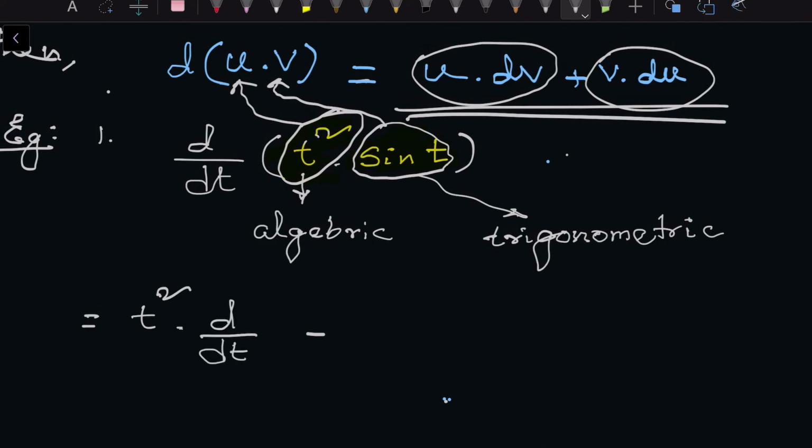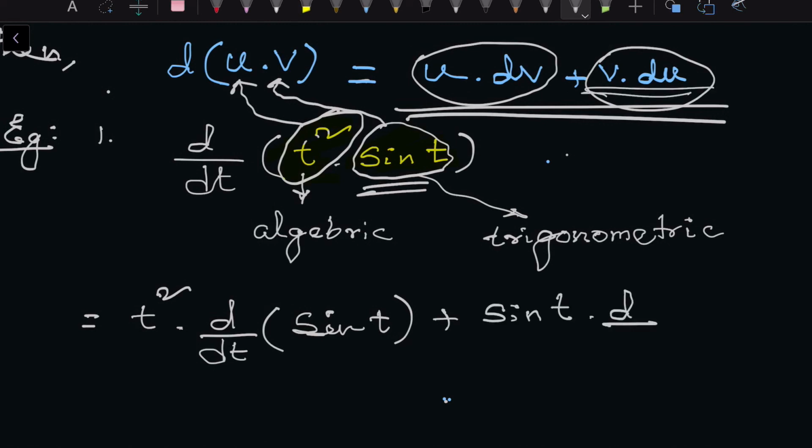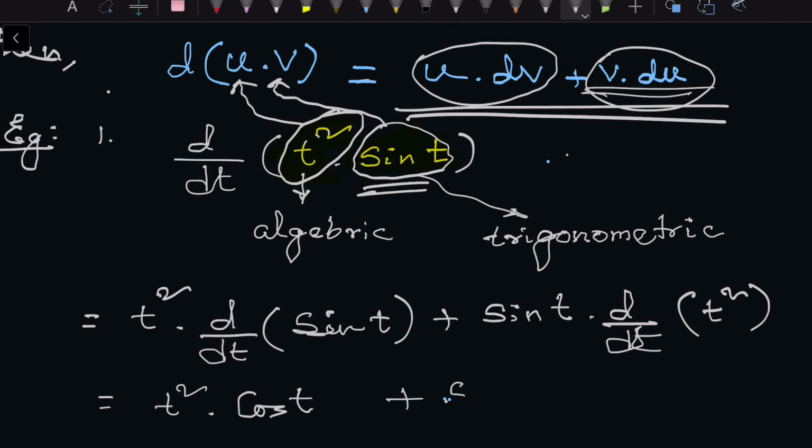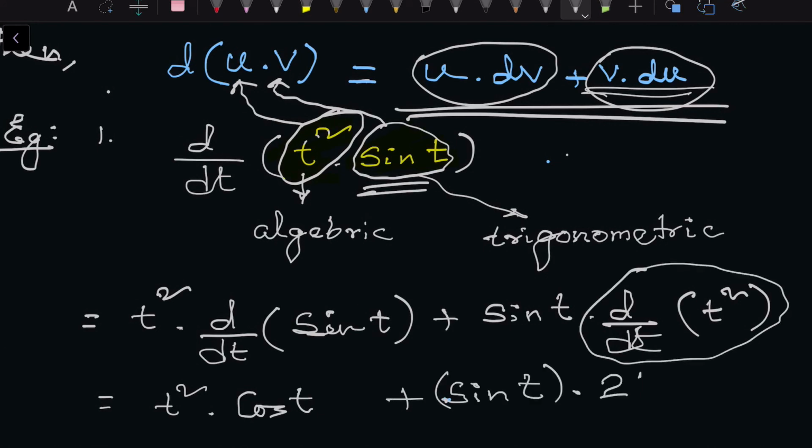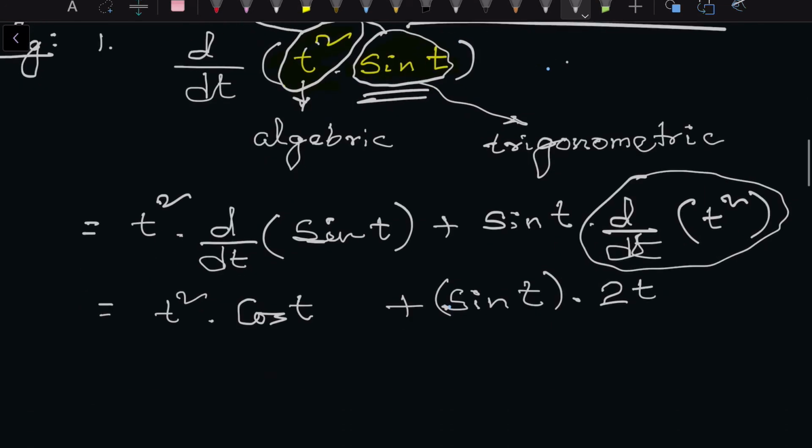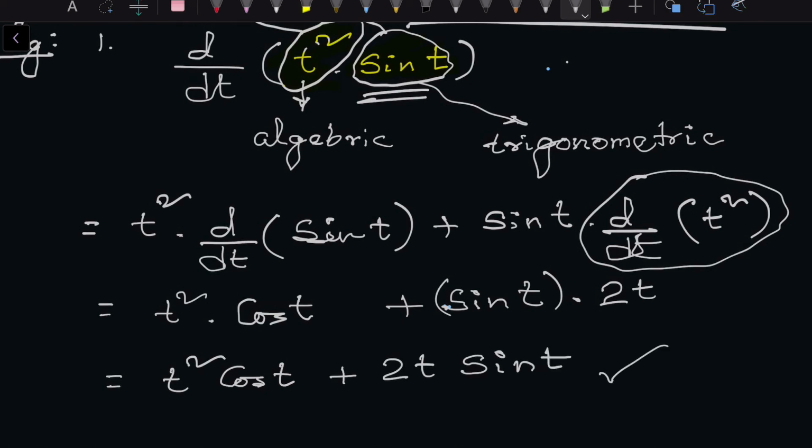We will keep u intact, unchanged, and then we will differentiate the second one. Plus, we will keep the second one unchanged and differentiate the first one, that is t square here. So it will become t square cos t plus sin t into 2t. t square differentiation will become 2t. That easy it is. 2t sin t.